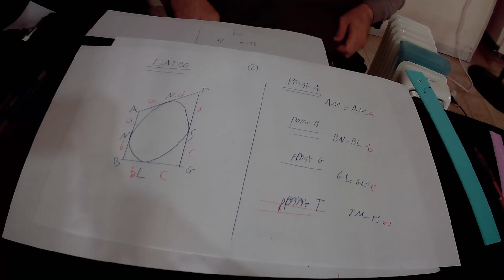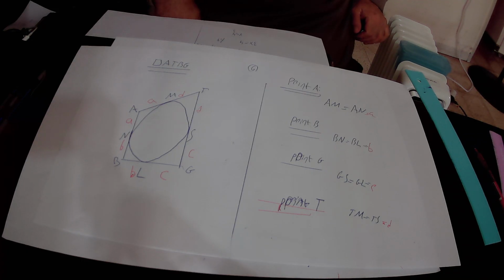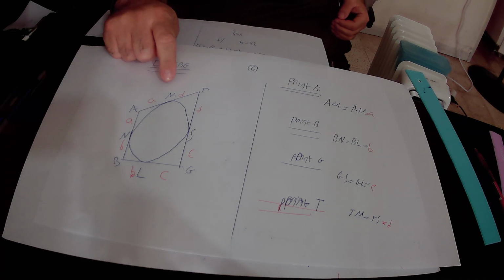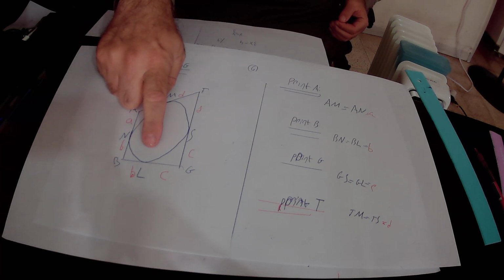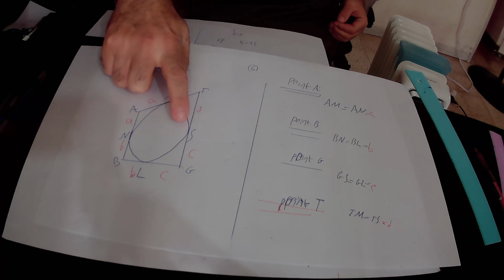The quadrilateral and the circle touch each other at four points; that is to say, they are tangent to each other at four points. The first point is M, the second point is N, the third point is L, and the fourth point is S.